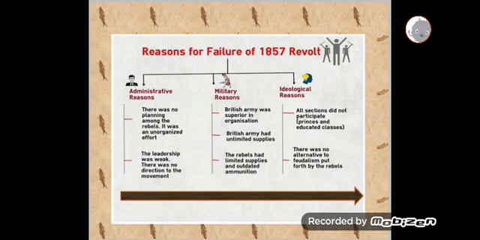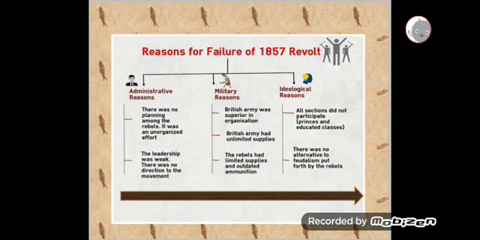Now we try to understand the reasons for failure of the 1857 revolt. There are three main reasons: administrative reason, military reason, and ideological reason. Now, what are the administrative reasons? There was no planning among the rebels. It was an unorganized effort, and the leadership was weak.